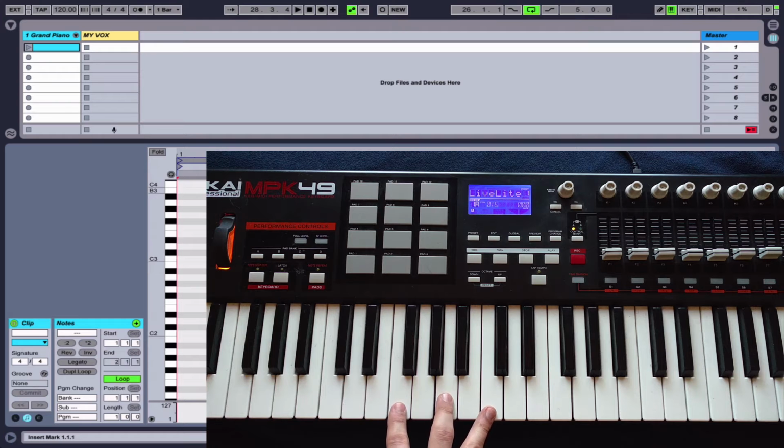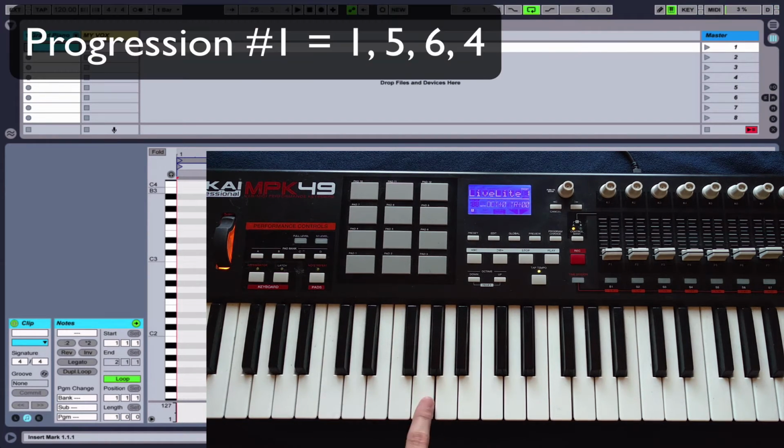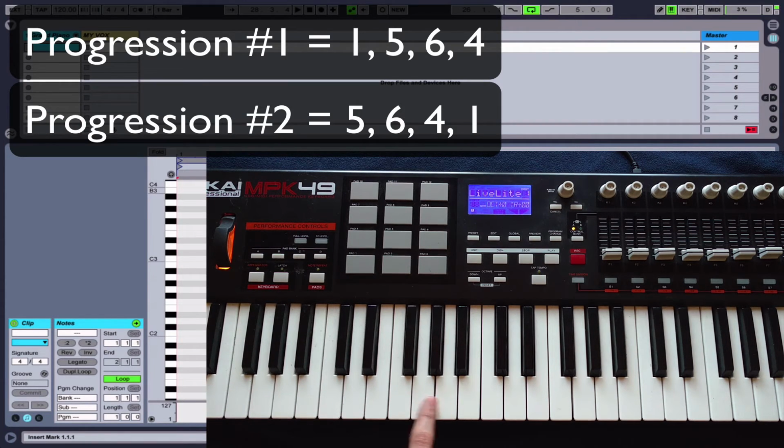Now you can also take that same progression and start it in different places. So instead of doing 1, 5, 6, 4, you can just go 5, 6, 4, 1. So it's the same exact order, you're just starting from a different place. So instead of starting from 1, you can start from 5. And then instead of starting from 5, you can start from 6.